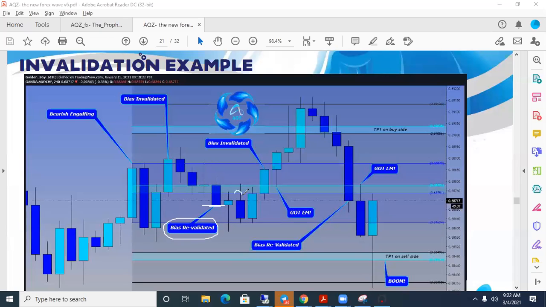Price traded back to preferred entry. It did sell for a while, and then it invalidated again. So now we've had 1 losing trade, 2 losing trades, 3 losing trades. Now we've lost the 3rd one, and now we are long. Price came back to preferred entry.